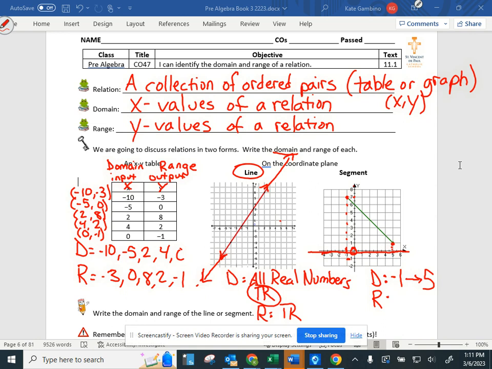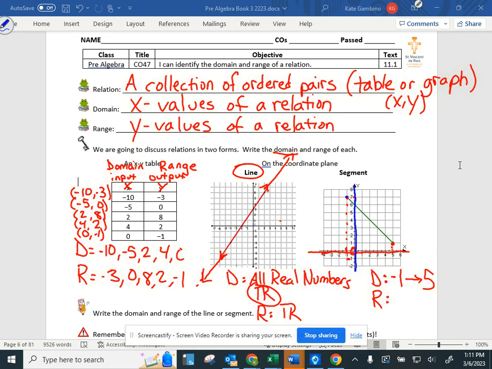How would I write the range for this segment? Now I'm looking on the y-axis. So now I'm on the y for my range. I'm going to read it from the top down just because we're starting at the left and we're going to the right. So I always start at the left point.